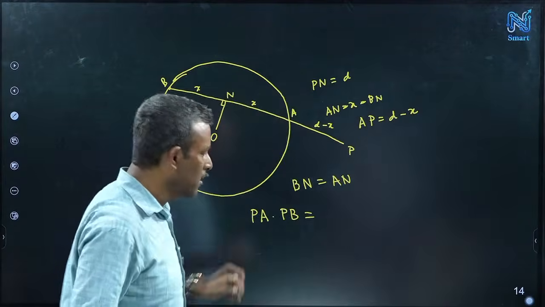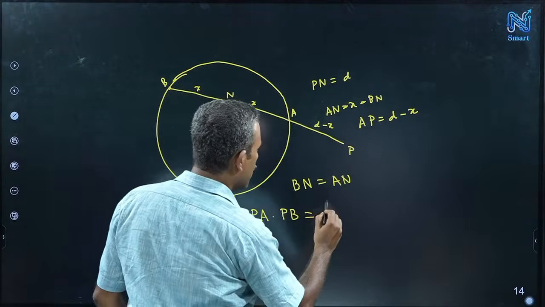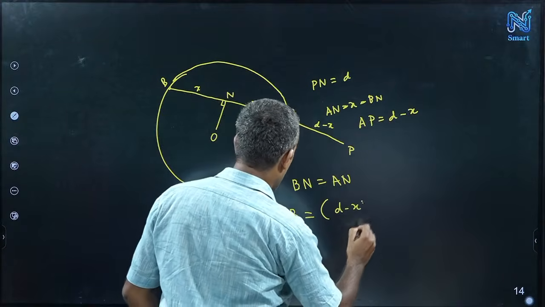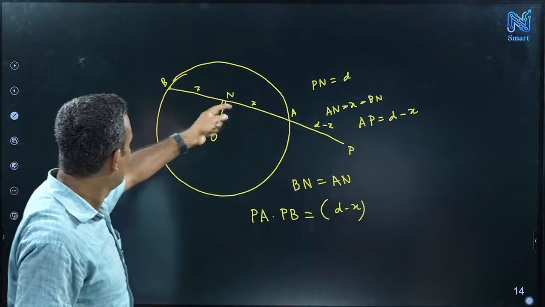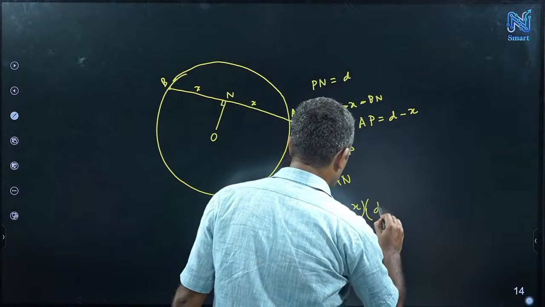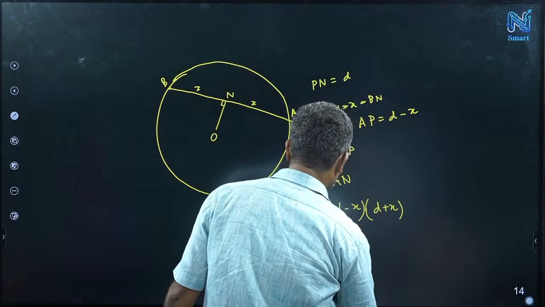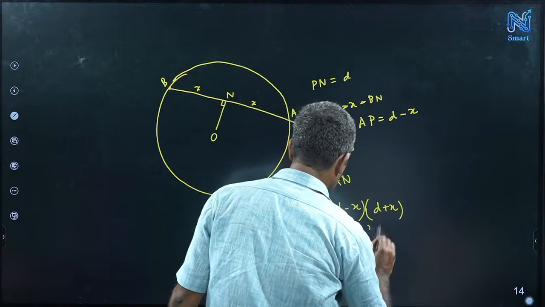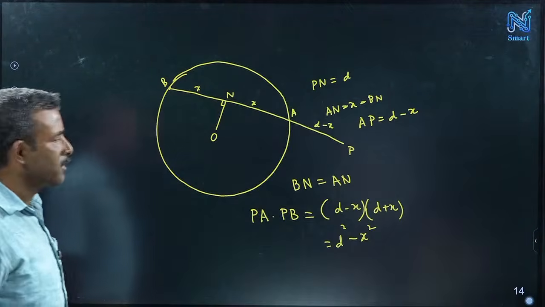And what is PB? D plus X, right? So it is D square minus X square.